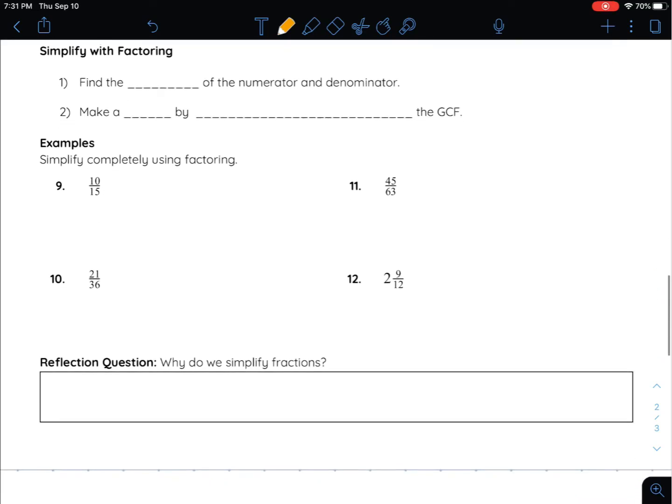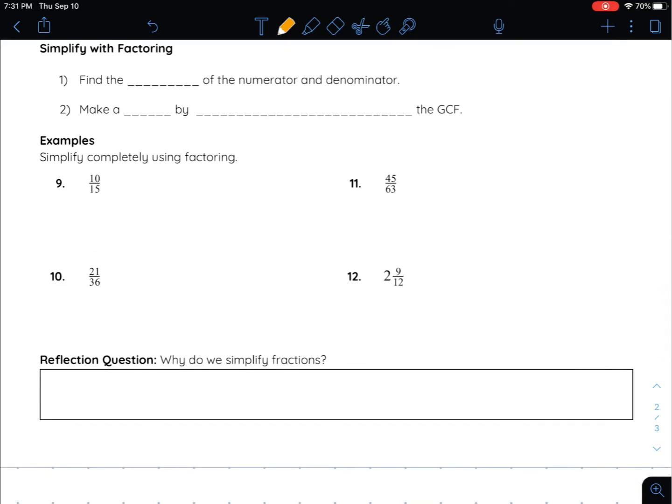Okay? Now, why did we do this? Well, this is actually really useful for dealing with fractions, okay? So we're actually going to take a look at how to apply this to making equivalent fractions or like simplifying fractions. Things that you've already done before, okay? Find the GCF of the numerator, the top number, and the denominator, the bottom number, okay?